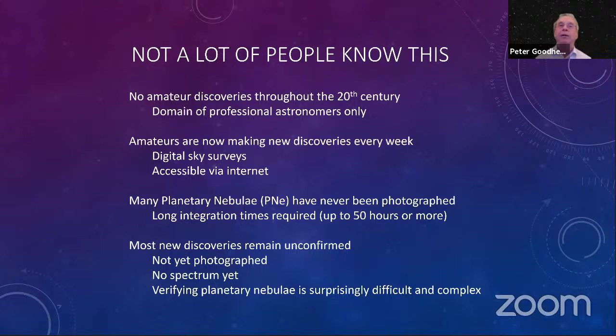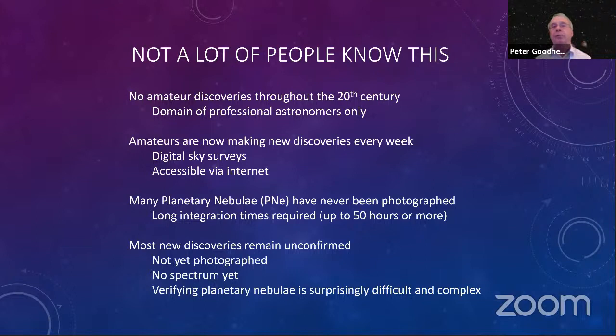And the other thing which I also find astonishing is that most of the new discoveries remain unconfirmed. We don't know for sure if they are planetary nebulae. Either they've not been photographed, or if they've been photographed, we've not yet got a spectrum, which is key to confirming them.